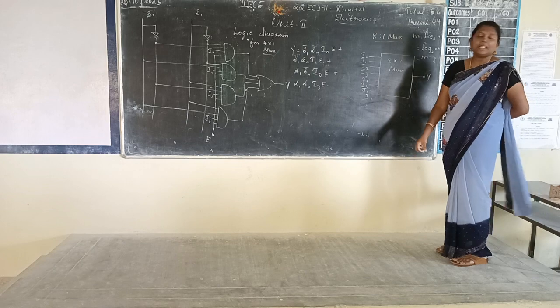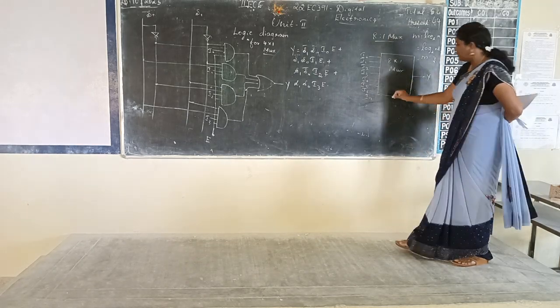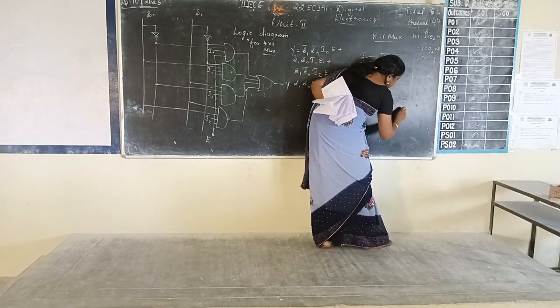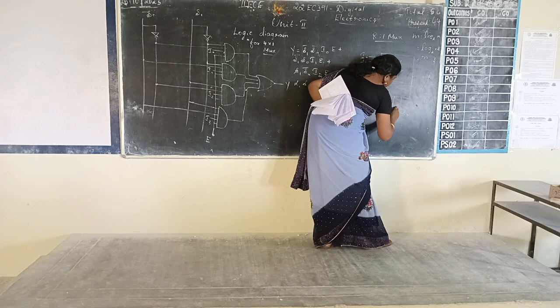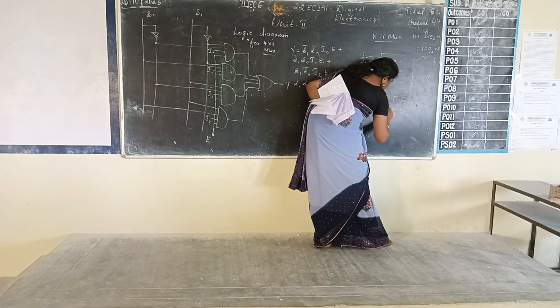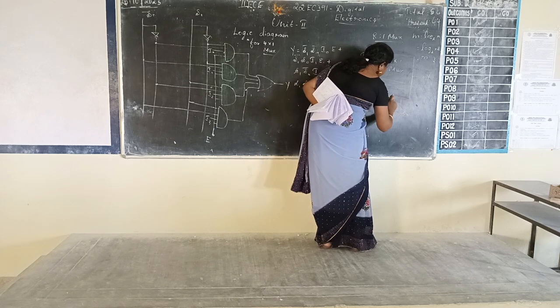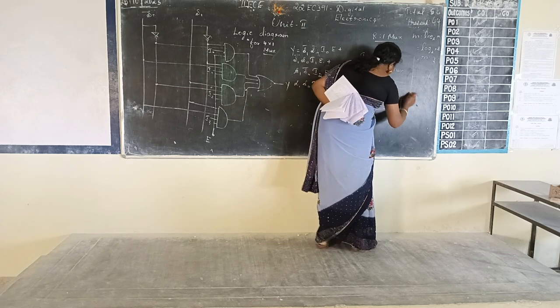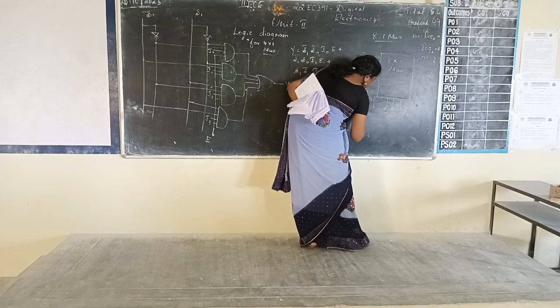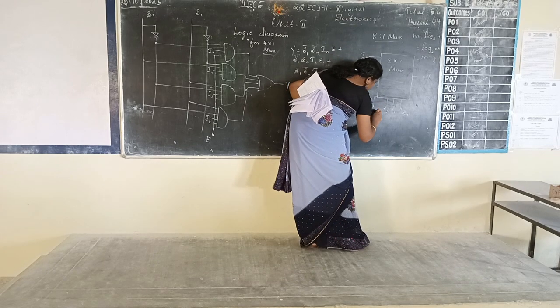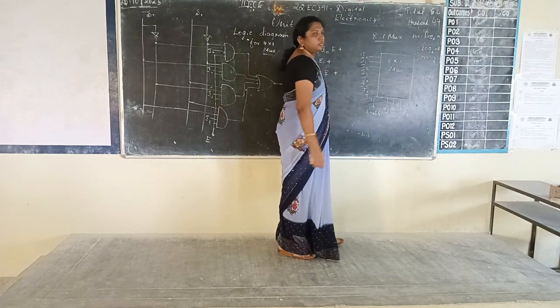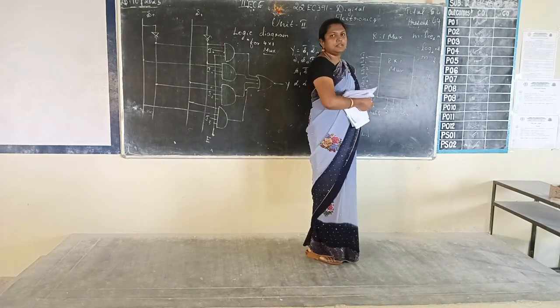So the number of selection lines required must be 3. The selection lines will be S0, S1, S2. Then here we have the enable signal. So this is the 8 cross 1 mux.